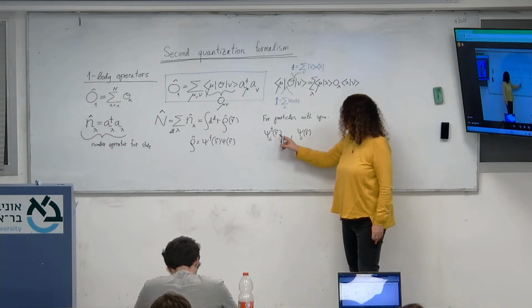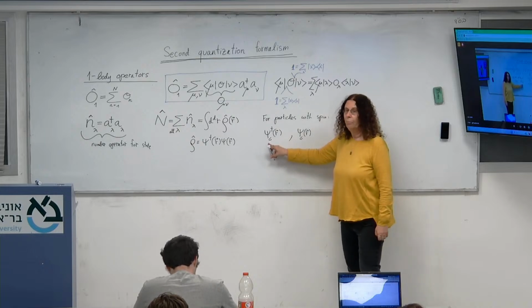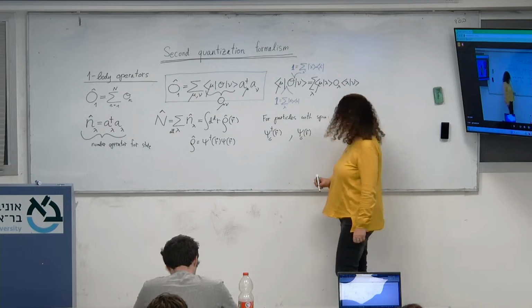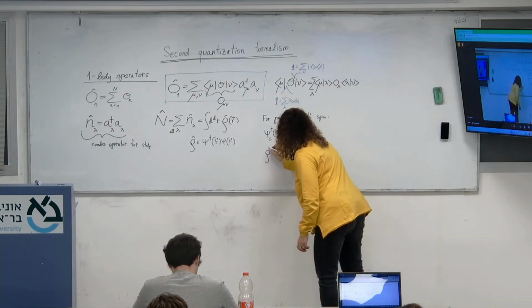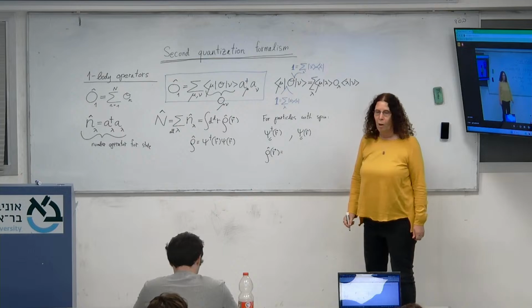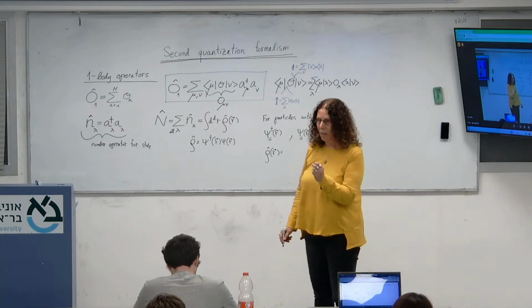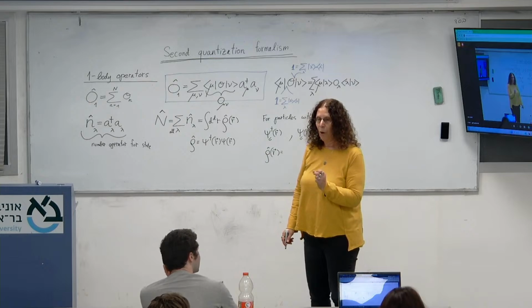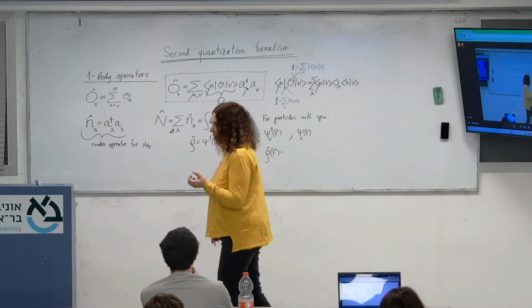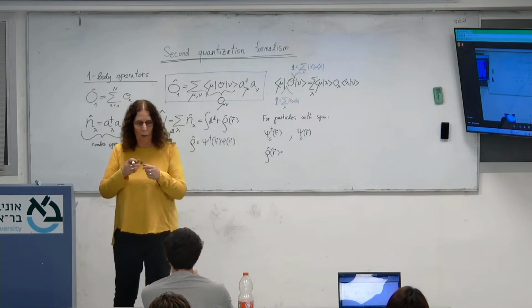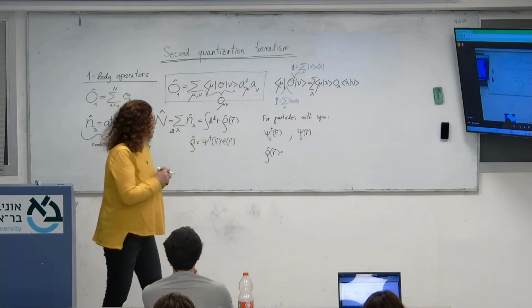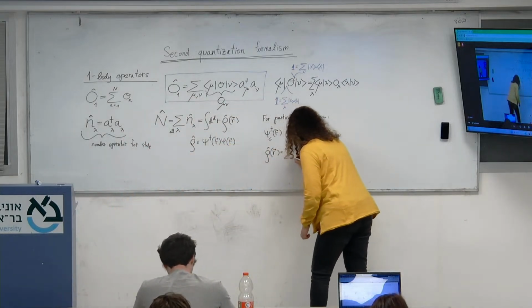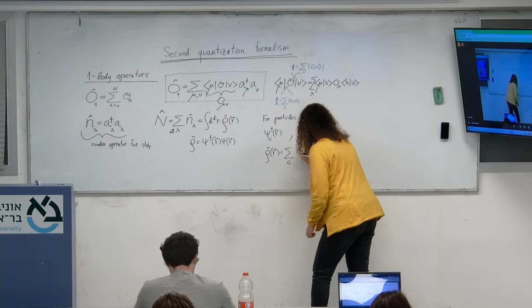They describe the creation or annihilation of a particle with spin sigma at point R. And then the density operator of such particles, if I want to describe the density of particles at a point R, I have to account for the possibility that at the same R, I can use different sigmas, right? So it's actually a sum over sigma of psi dagger psi.